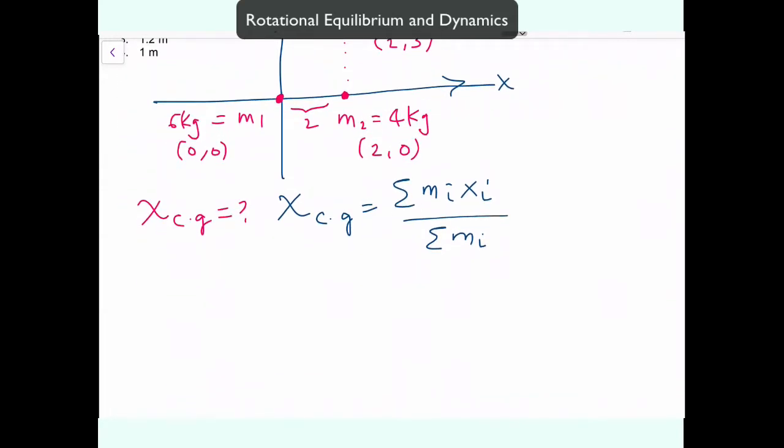So i runs from 1 to the number of masses that you have. In our case it's 3, but you can call it from 1 to a certain n.